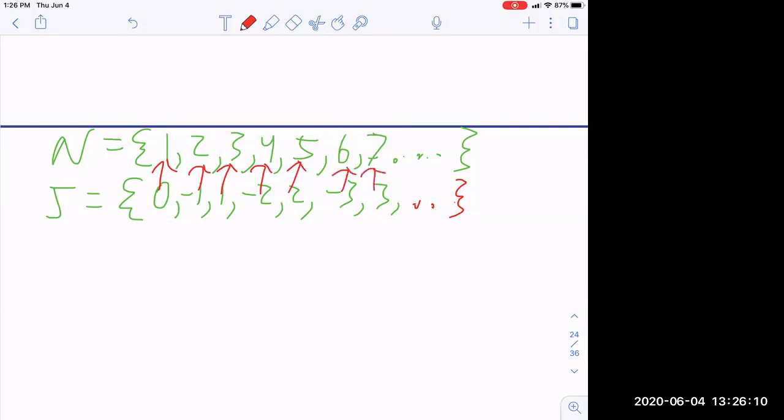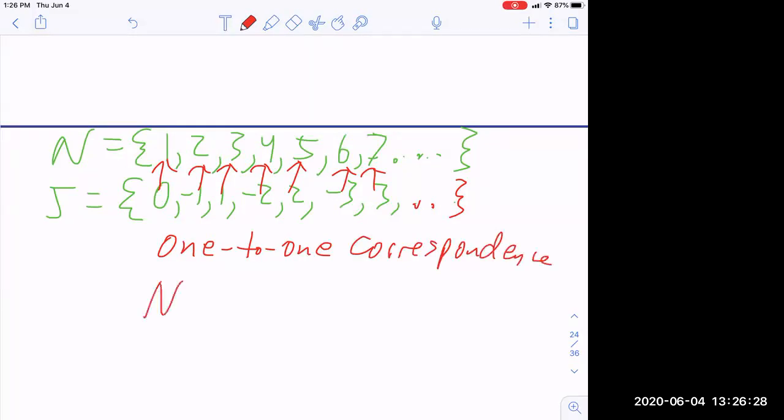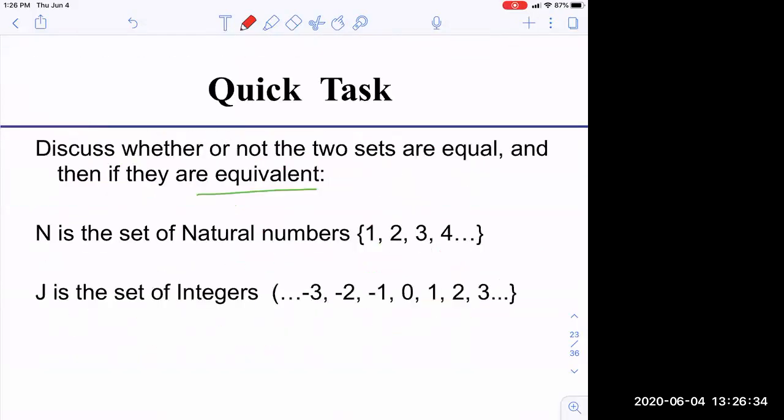Since both sets are infinite, I'll never run out of the natural numbers. Therefore, I can do a one-to-one correspondence. And I can say that the natural numbers are equivalent to the integers. And to make sure we use J.